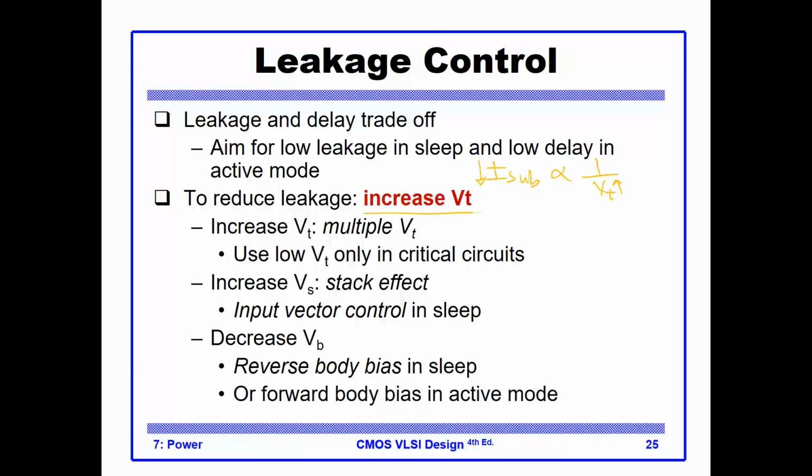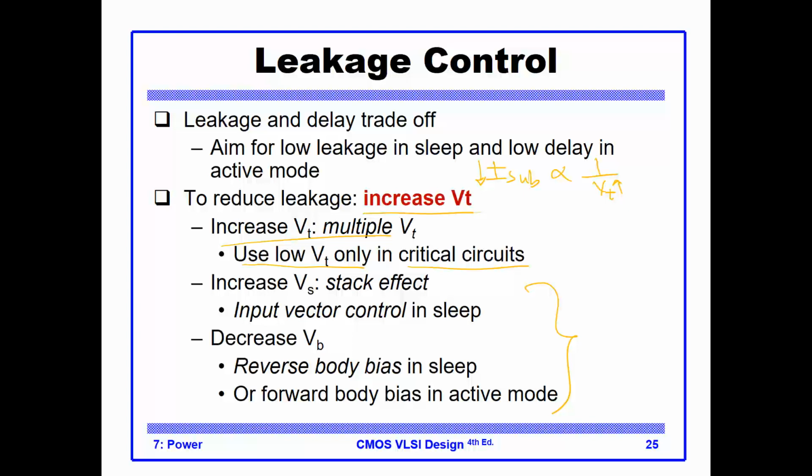Typically, people use multiple VTs: low VT for fast circuits and high VT for the rest of the circuits. And that's how you can budget your circuit. Another way uses what we have, if you recall, in lecture 4, the body effect.